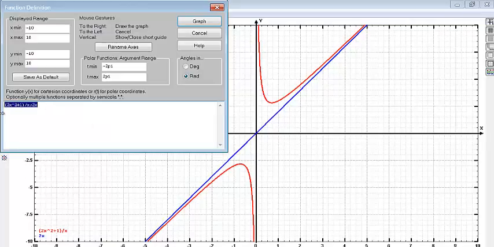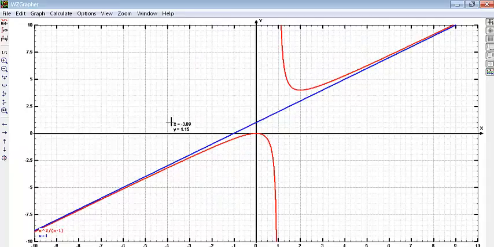So the function was x squared divided by x minus 1. And I'm going to plot the slant asymptote, which was x plus 1. And there we go. Notice it goes through 0, 0.